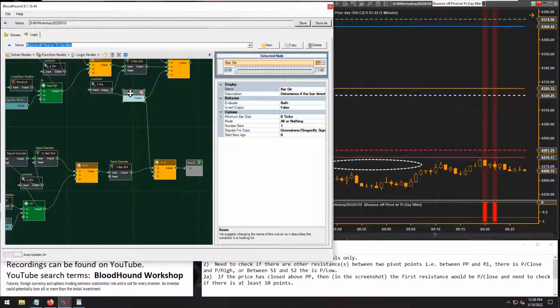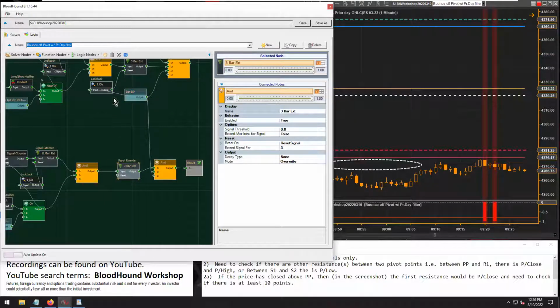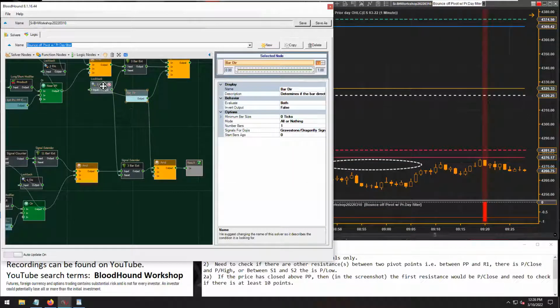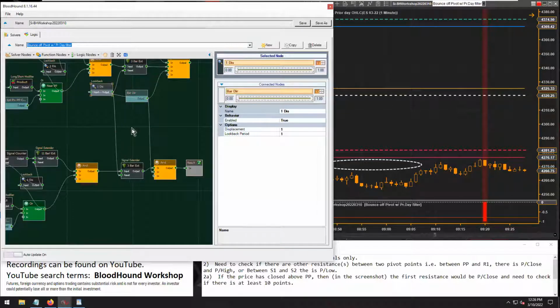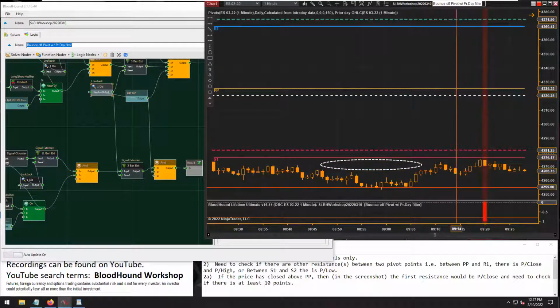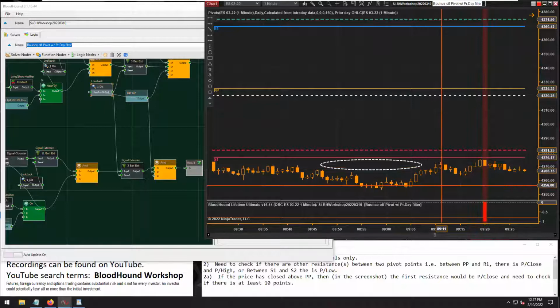Instead of actually dropping in another one. And then I can do the same here. I can take this look back, connect it into the reset of the signal extender. There we go. So I'll just share this bar direction and our look back between the two there. All right, so now that I've done that, there's our signal on the down bar now.